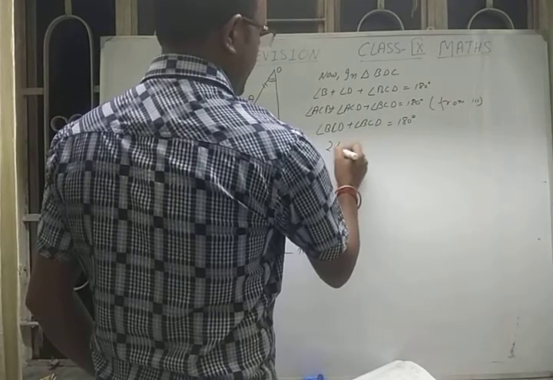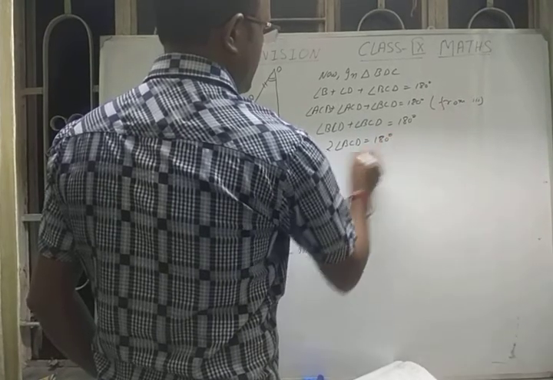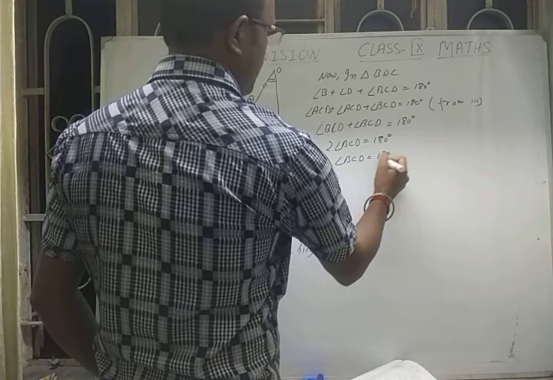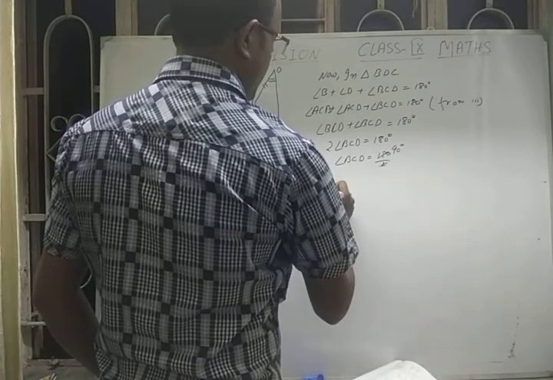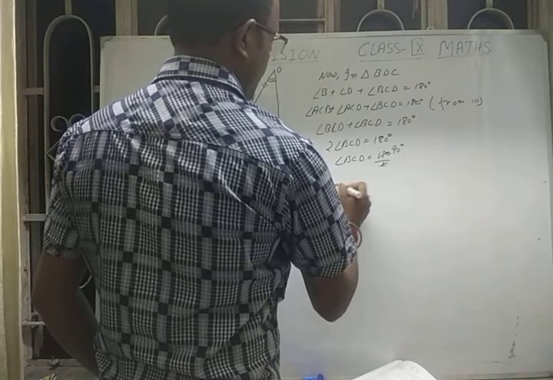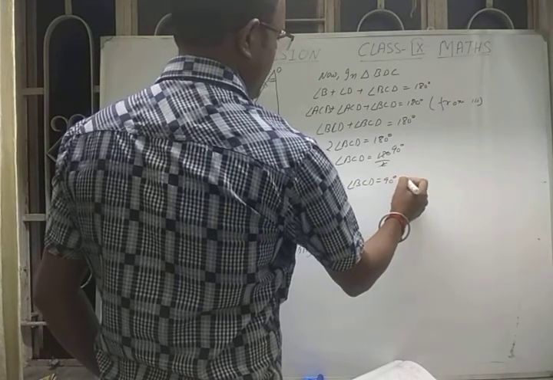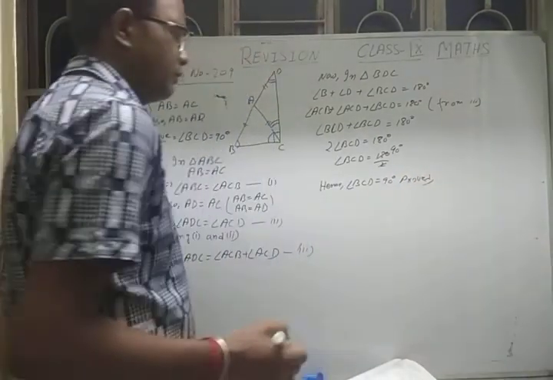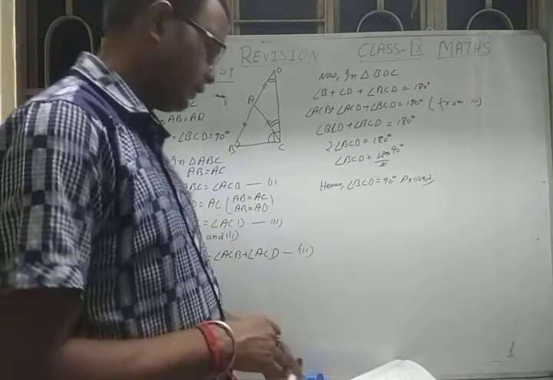So twice of angle BCD is equal to 180 degrees. So angle BCD is equal to 180 by 2, we will get 90 degrees. So hence you can write, angle BCD equals 90 degrees. This is the thing you have to prove. This is angle BCD equals 90 degrees.